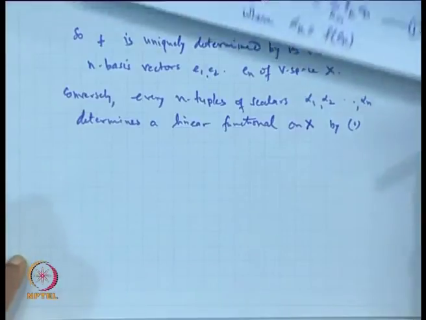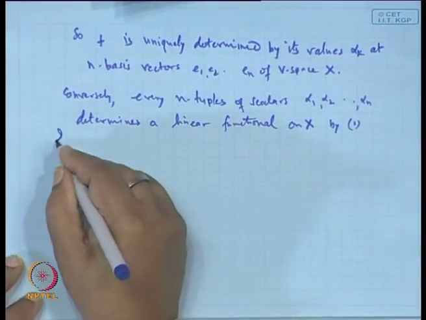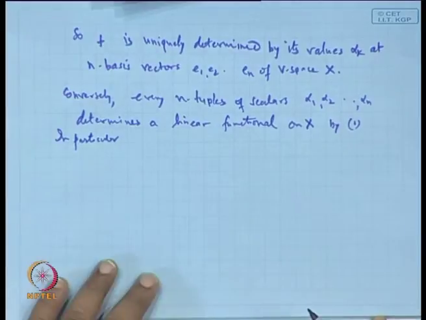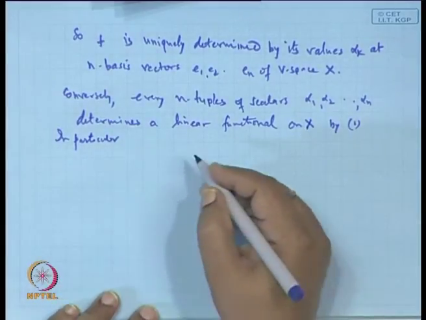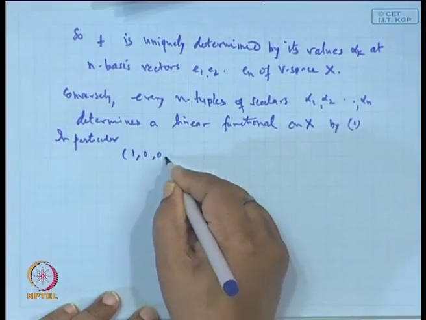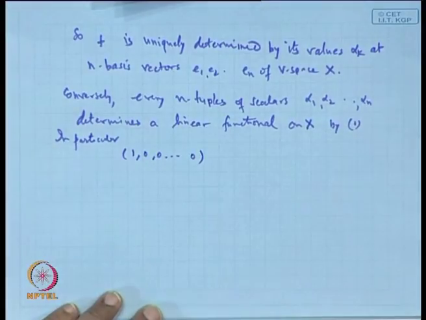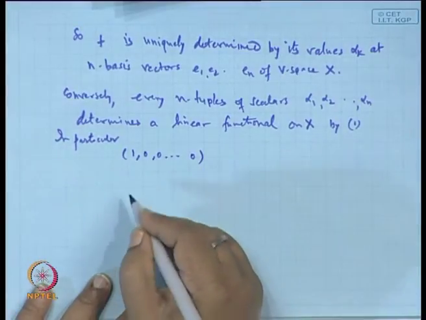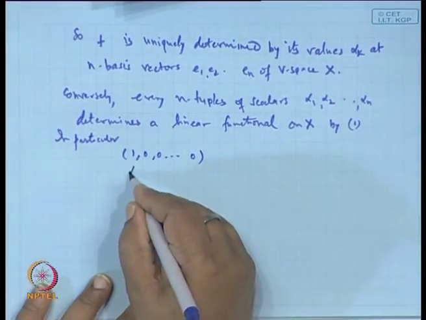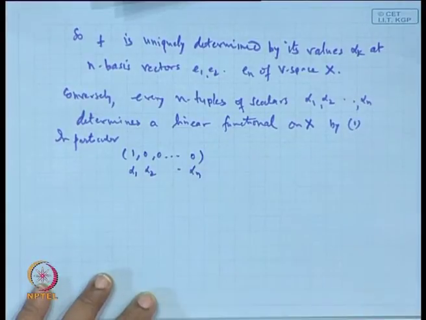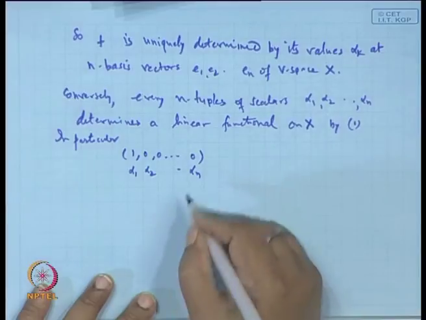So, in particular, let us take this way. Suppose I take the scalars 1, 0, 0, ..., 0. It means this is one set of scalars, that is, this is alpha 1, this is alpha 2, and this is alpha n. Okay.